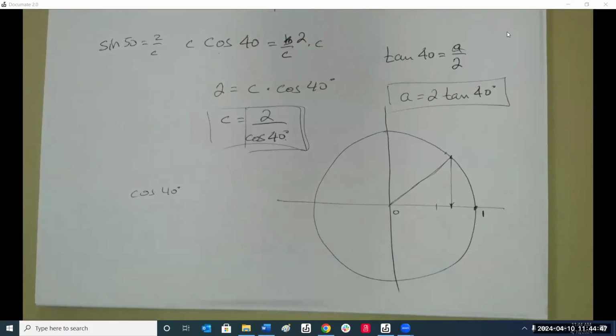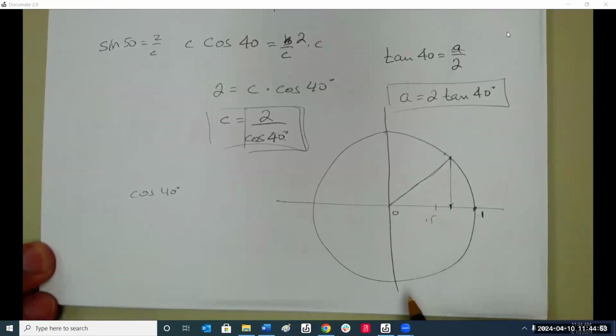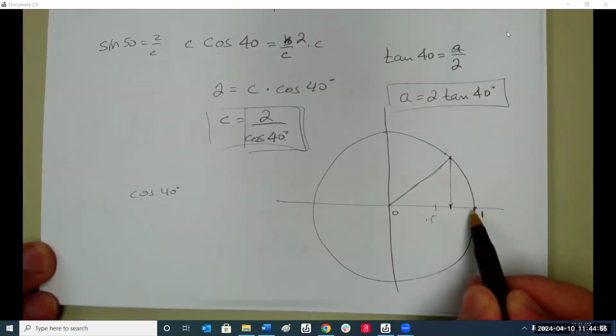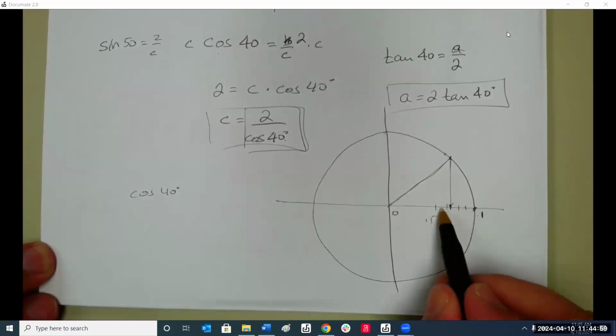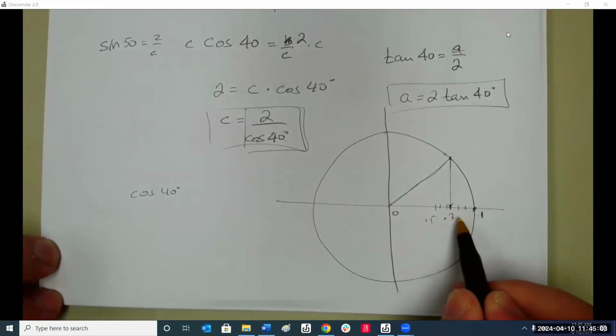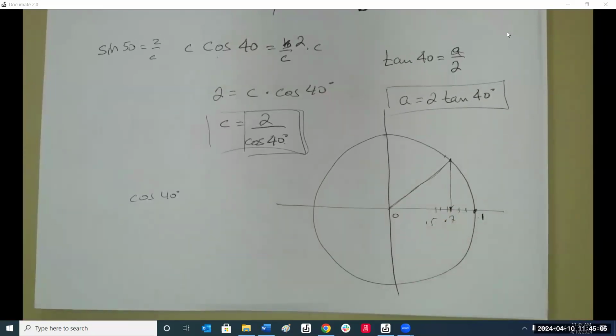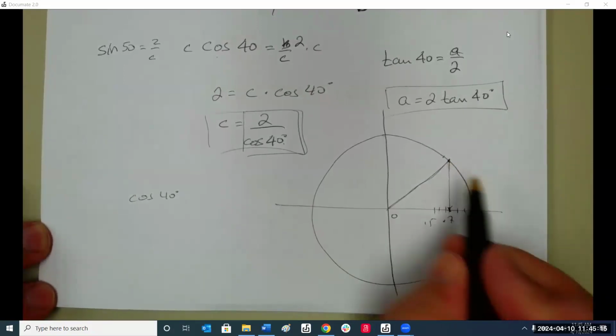This is how you would guesstimate what the answers are, what the numbers are. You know it's bigger than 0.5. It's smaller than 1. So it's around 0.7 something. So if you don't have a calculator, you don't have to worry about it. You can always guesstimate it by looking at the cosine deals with whatever the angle is, where it touches the unit circle, down to the x-axis.